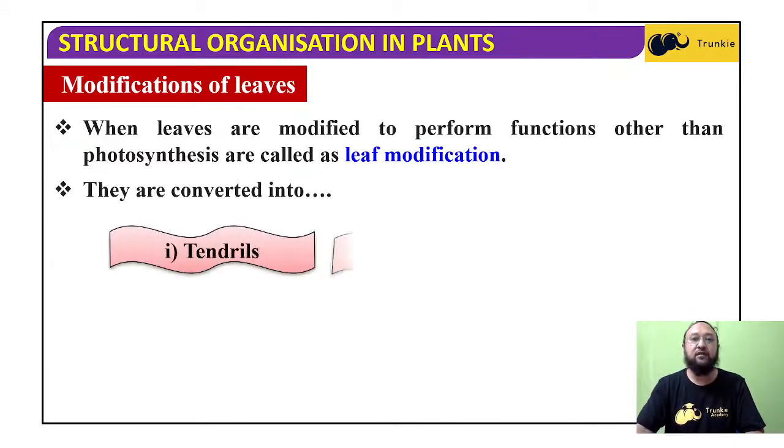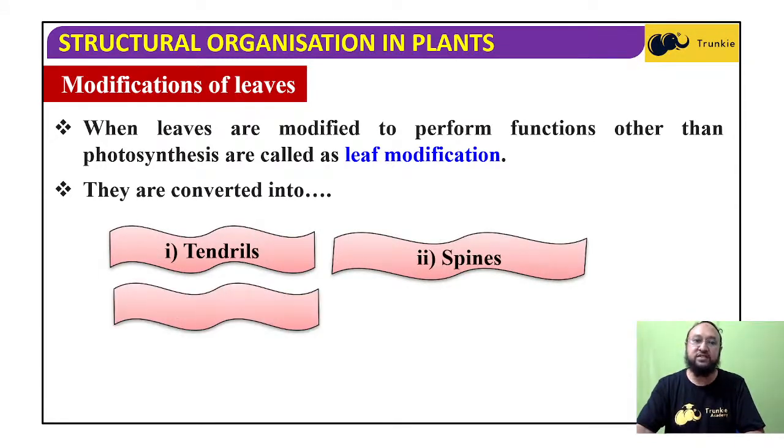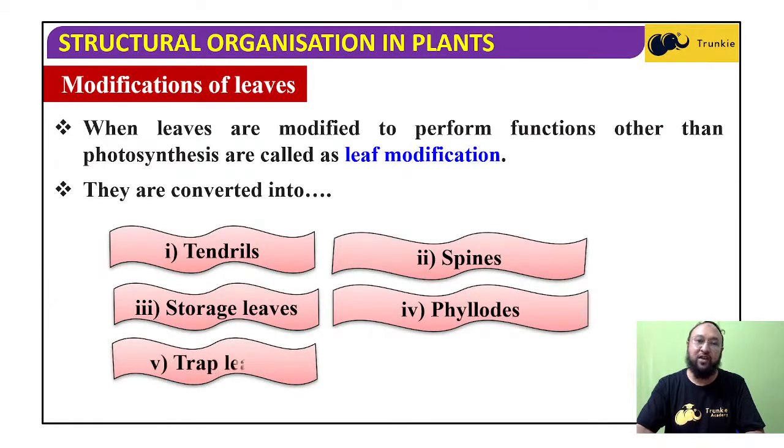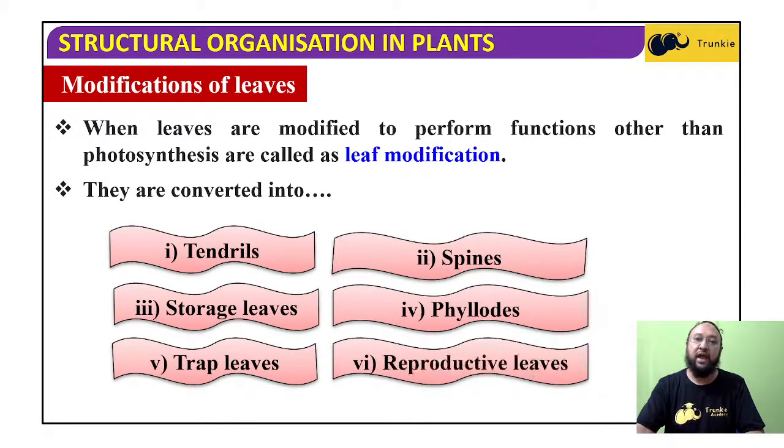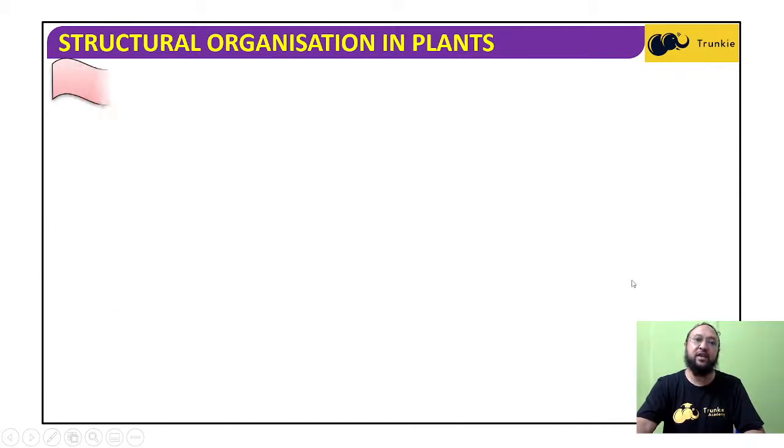They are converted into tendrils, spines, storage leaves, phyllodes, trap leaves, and reproductive leaves. They provide support, like tendrils; protect from predators and reduce transpiration, like spines; store food, like storage leaves; conserve water, like phyllodes; trap insects in insectivorous plants, like trap leaves; and reproductive leaves for vegetative propagation.